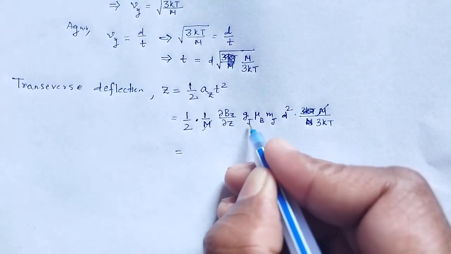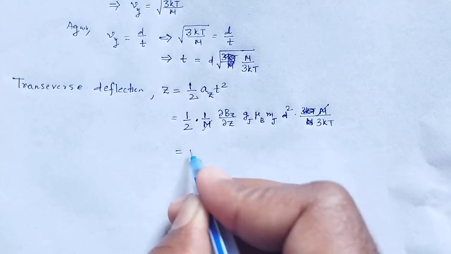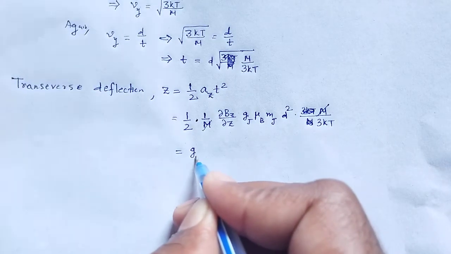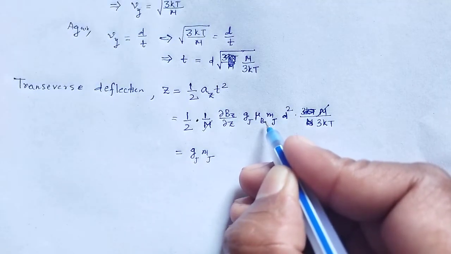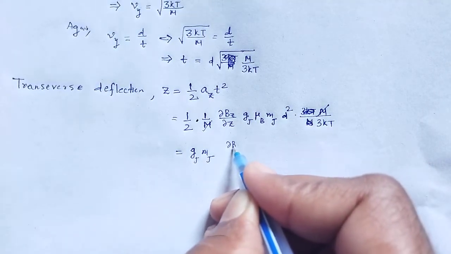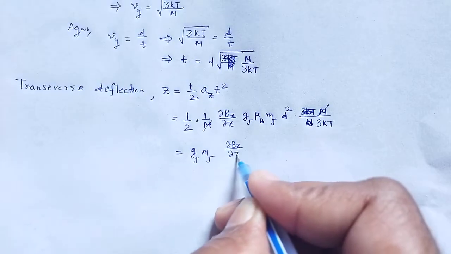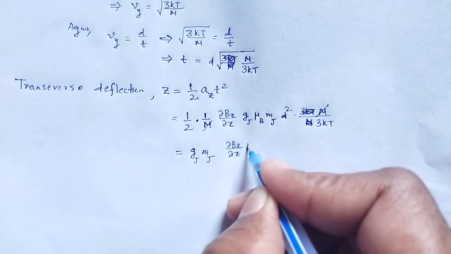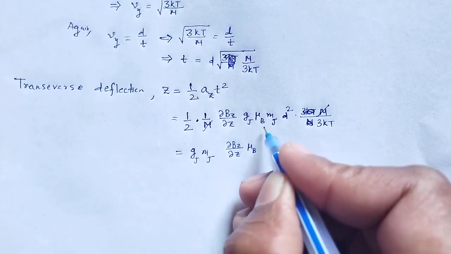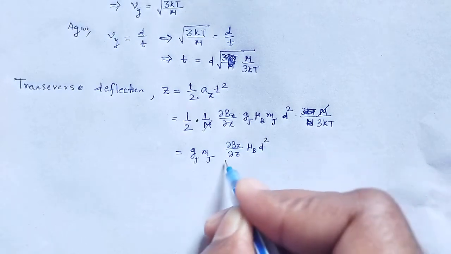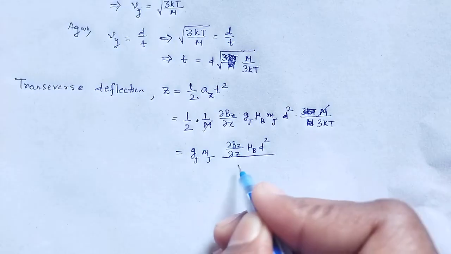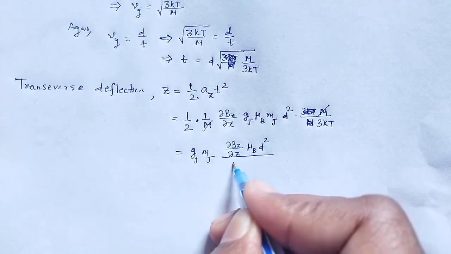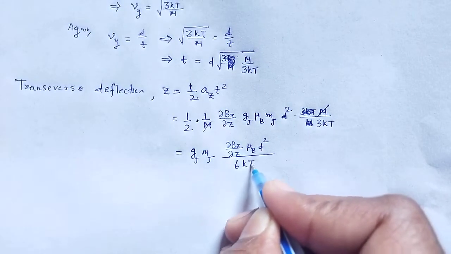Separating this, we write gj mj del Bz by del z mu b d square divided by 3 into 2, that is 6 kT.